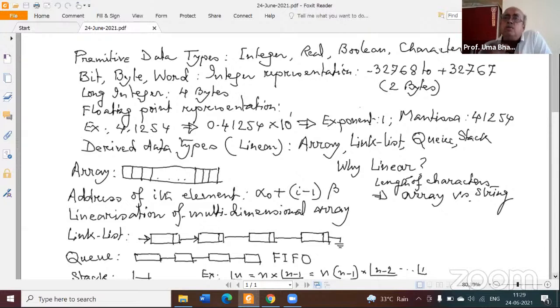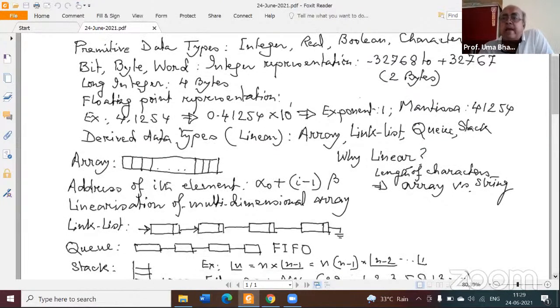If you stand in a queue, the first one who joins the queue will be served first. That is the definition of a queue.